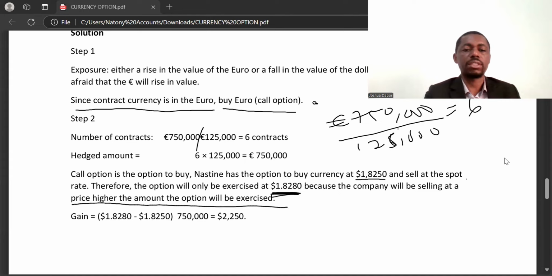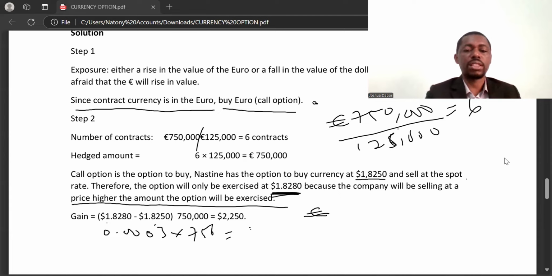Okay, so I've explained this. And the gain will be this minus this, which gives you the gain per euro invested, 0.0003 times 750.